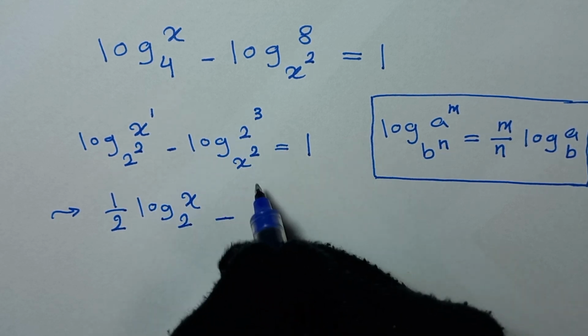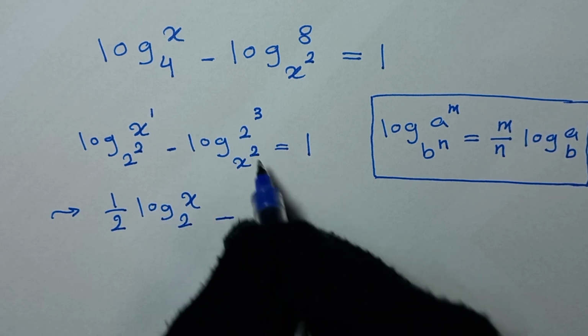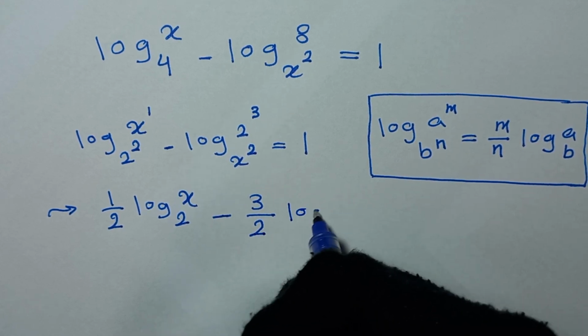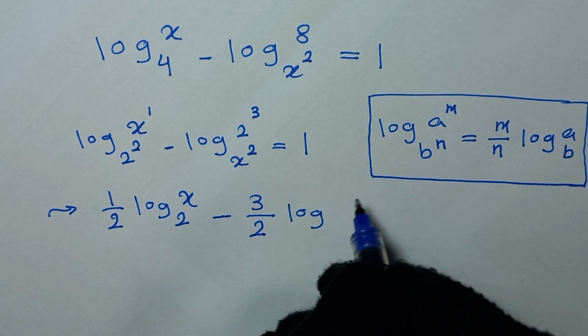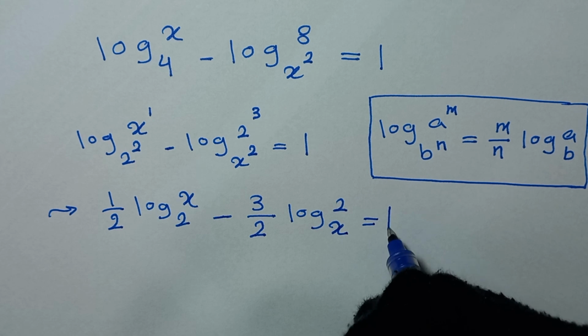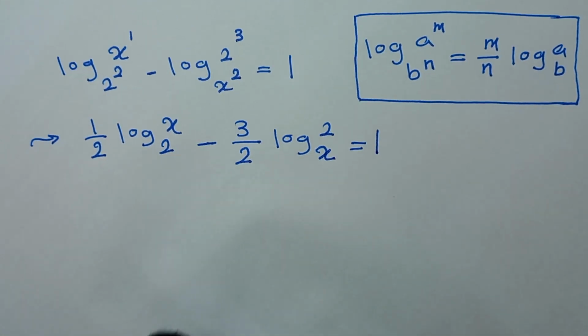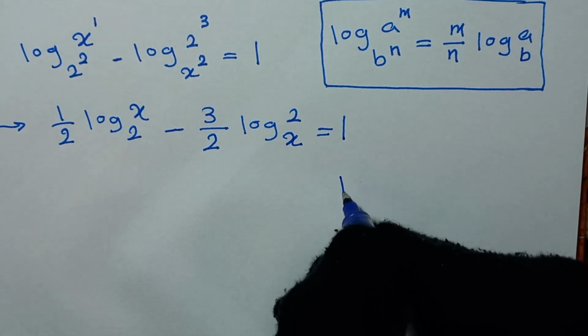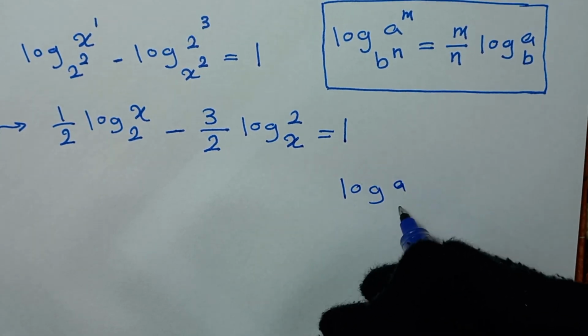So we can write this as 3 over 2 times log of 2 to base x is equal to 1.